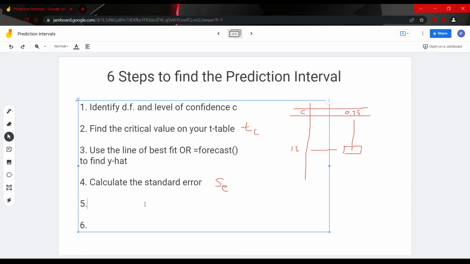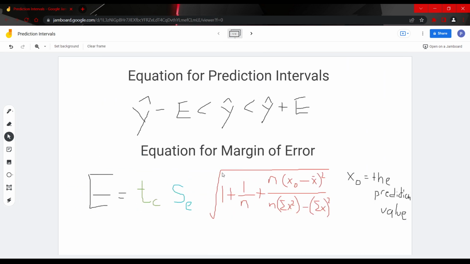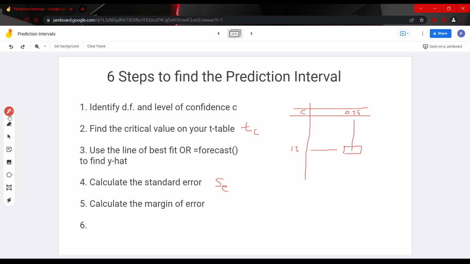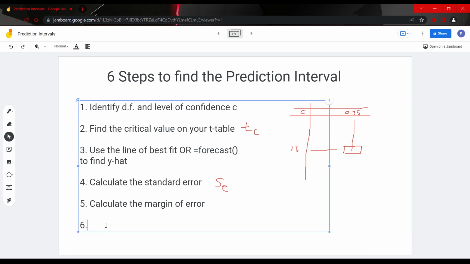Finally, we're gonna put it all together. Calculate the margin of error, and that essentially means plugging in the numbers into this formula. And finally, use y-hat and margin of error to find your endpoints.